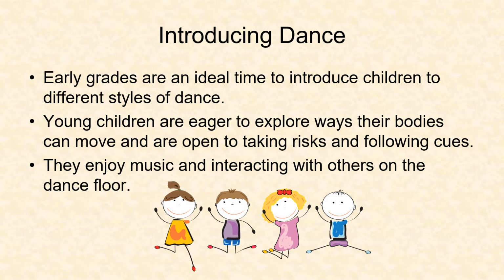Early childhood is an ideal time to introduce children to different styles of dance because they're very eager to explore ways their bodies can move. They're very much open to taking risks and following the cues of others. And they enjoy music, they enjoy singing, they enjoy interacting with others, and they'll enjoy interacting with them on the dance floor.